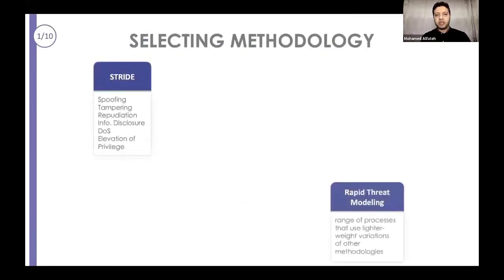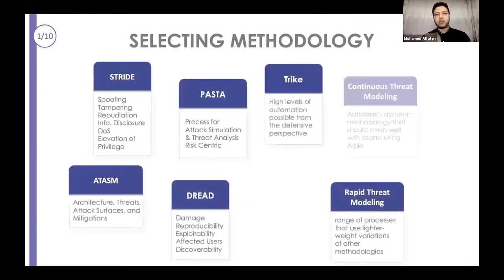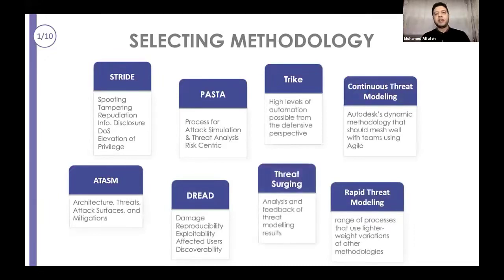So let's start by first tip and trick related to the selection of methodology. There are a number of methodologies talking about how to implement application threat modeling, how to execute the process. Each one has its pros and cons. So the recommendation here is to understand every methodology, understand your requirements, the environment you have, and select which one is suitable for you. A number of methodologies could be used to execute application threat modeling as a one-time activity during the design phase.